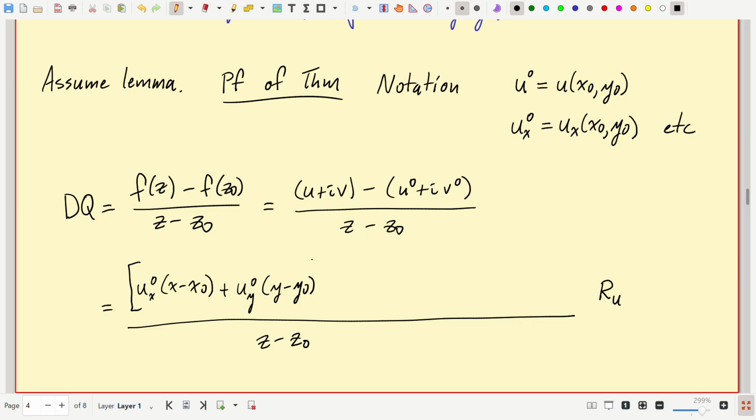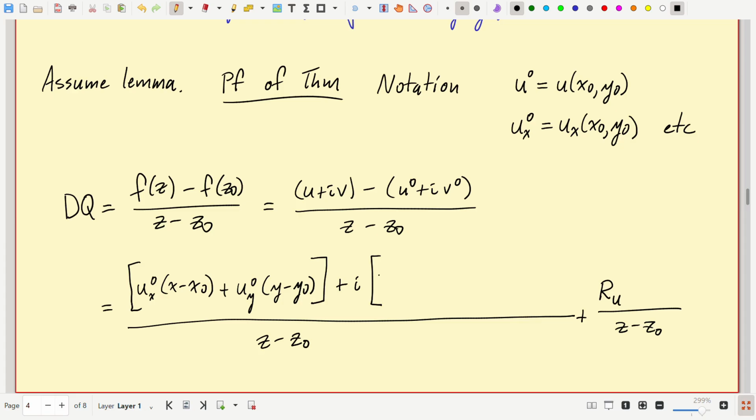That's the real part. This is going to be plus ru also divided by z minus z naught. Now I get the same thing for the imaginary part. Same thing for the v's.